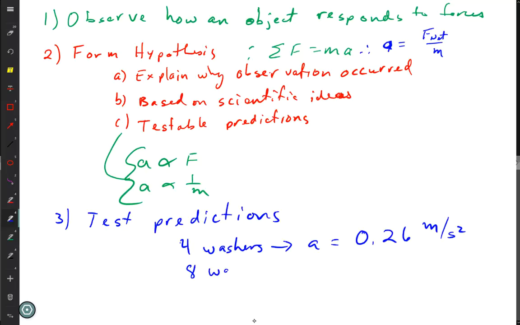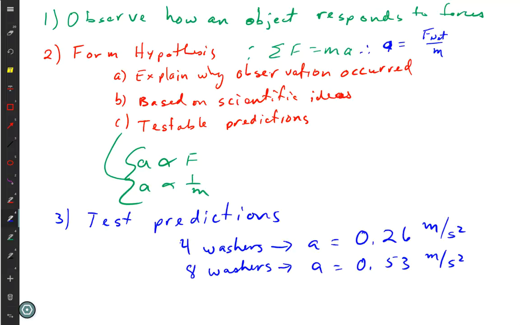And with 8 washers, acceleration was equal to 0.53 meters per second squared. Those are the actual numbers that we found. So just almost twice as much. Within rounding error, it's exactly twice as much.